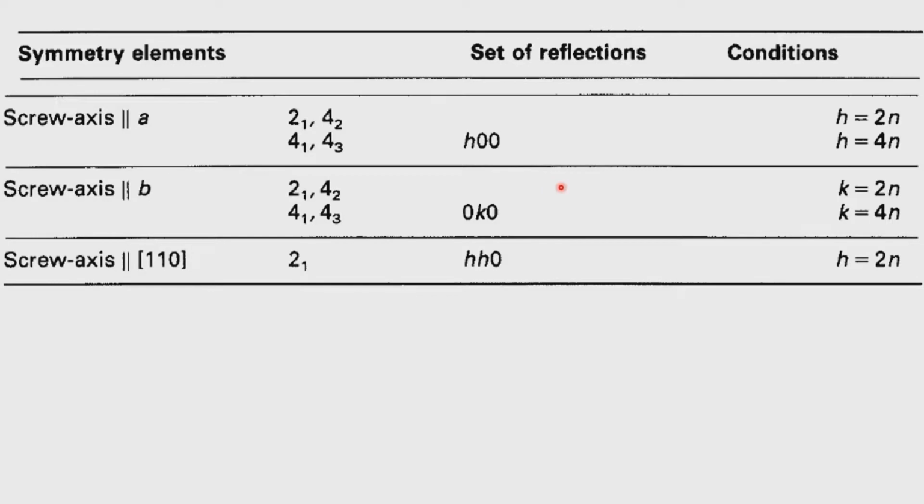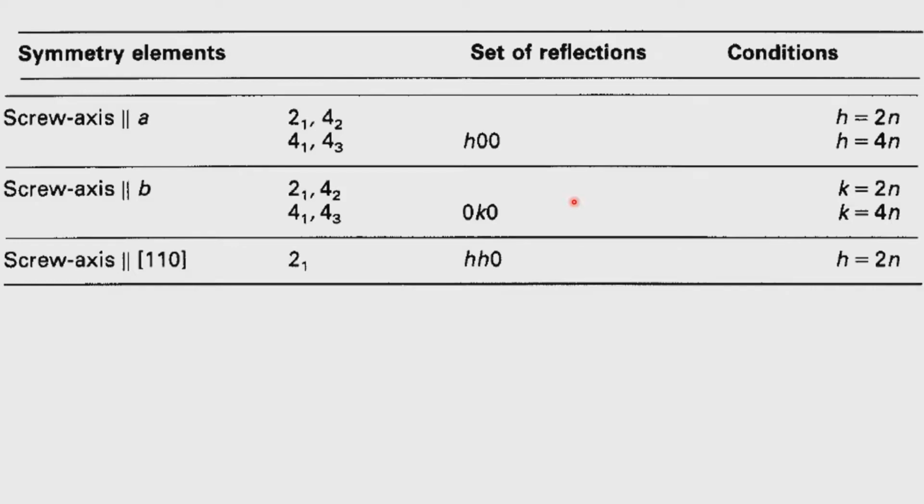It is only those in which there is no translational component involved, these space groups are not identifiable by systematic absences. So, those space groups of course have to be identified, whether they belong to the system, and what are, for example, the symmetry elements that are associated with it.